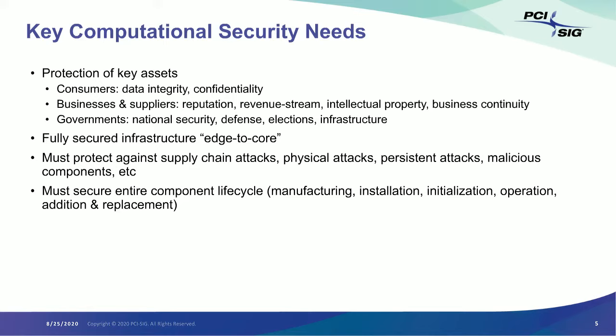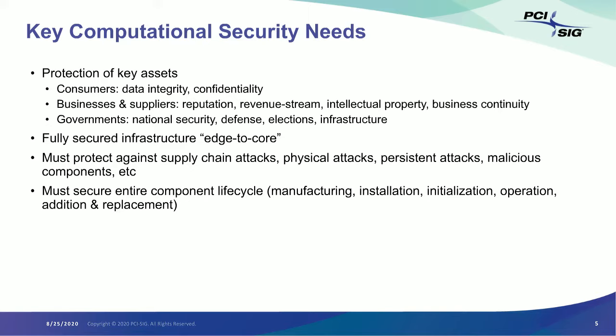You don't want your bank account balances jumping around in funny ways, right? For businesses, it can affect their reputation. It can have very direct impacts on their ability to run their businesses by exposing intellectual property or damaging their business processes. And then obviously there are the governmental kinds of needs in national security, defense, etc.